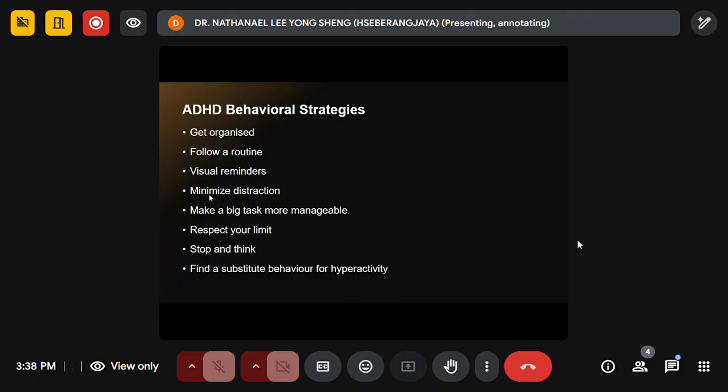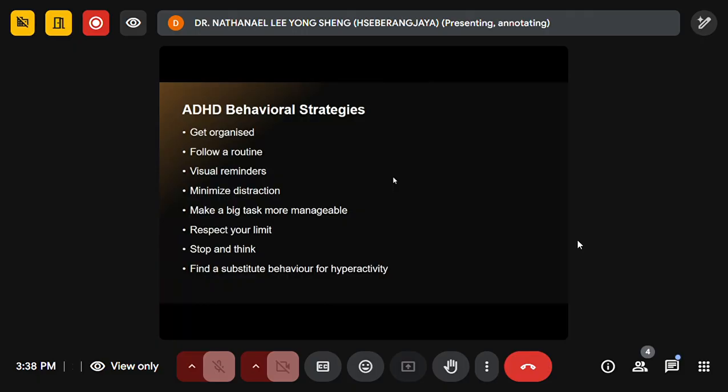The other thing that is important, as we know that they are easily distracted and have difficulty focusing, is to minimize the distractions. For example, their working table, if it is in very messy condition, or there are a lot of gadgets near their workplace, this plays as a very distractible thing for them.